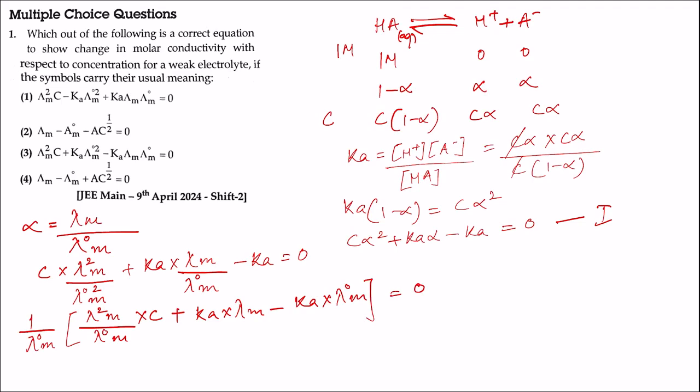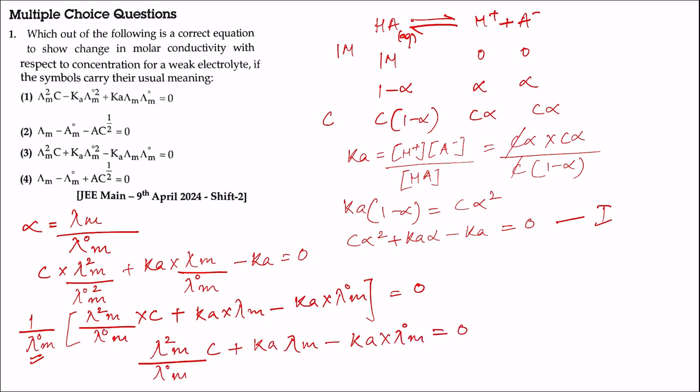Now rearranging this equation, the final equation is lambda square m by lambda naught m into C plus Ka into lambda m minus Ka into lambda naught m, this is equal to 0.